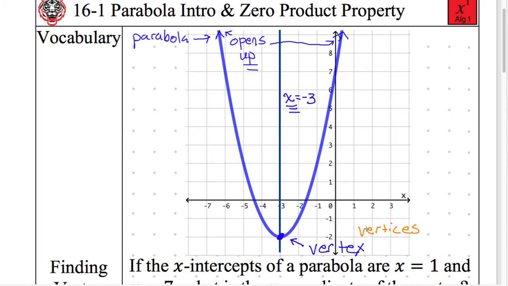That's the plural form. So this has one vertex. I'm going to write the x and y coordinate of the vertex. I go -3 in the x direction, and then -2 in the y direction. So I have -3, -2. That is the coordinate of the vertex for this parabola.